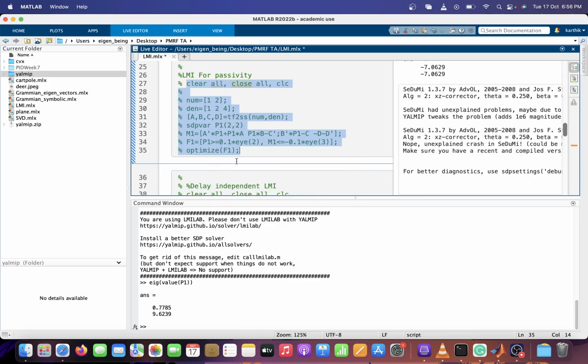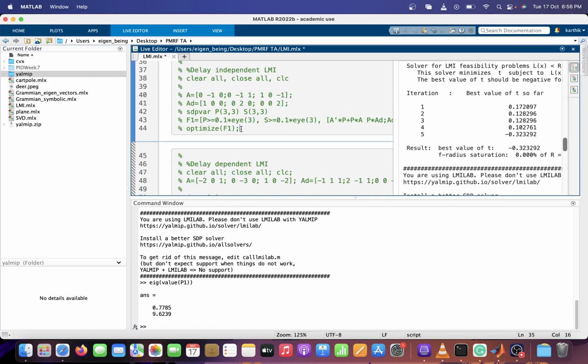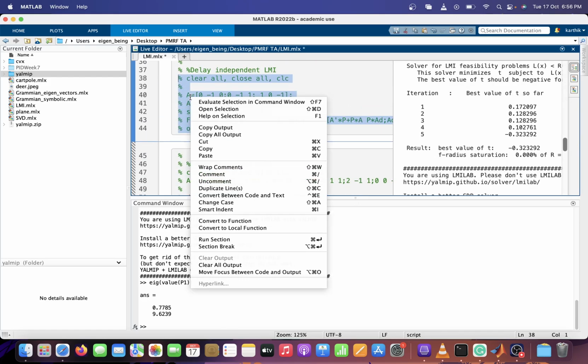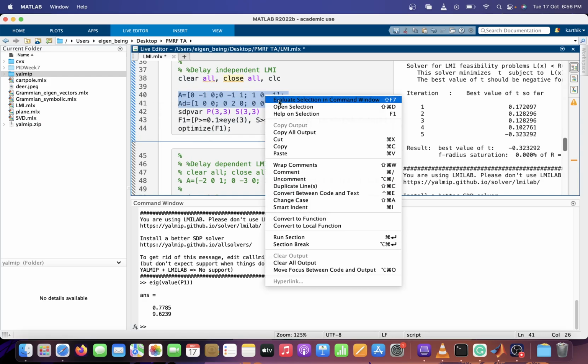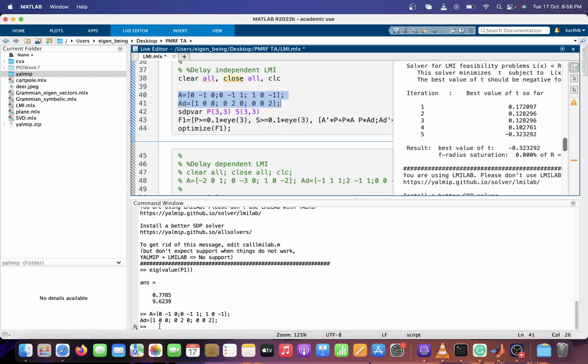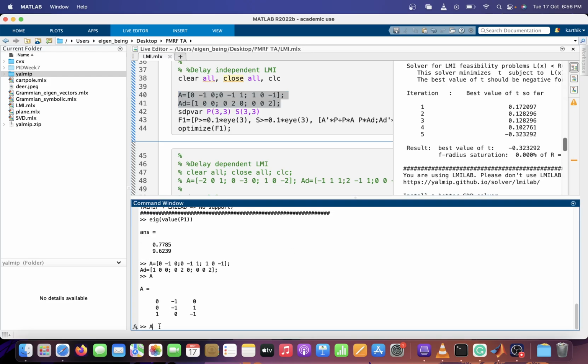I will just comment this. Now I have an A matrix. If I run these two, I have a matrix and a delay system matrix, that is this diagonal matrix.